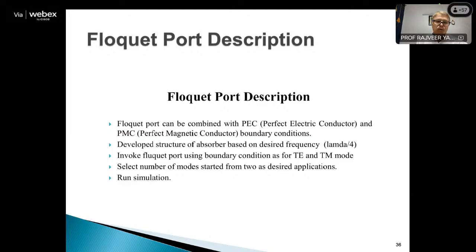To compute these absorptions using software, we have taken the help of CST software, in which we devised a flanked port to carry out the analysis of the biological tissue.